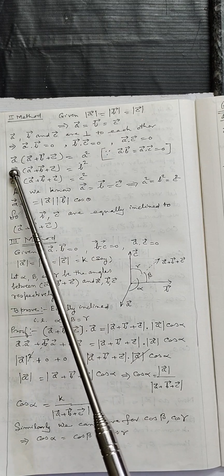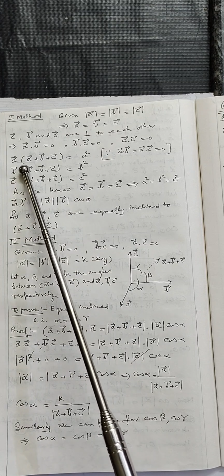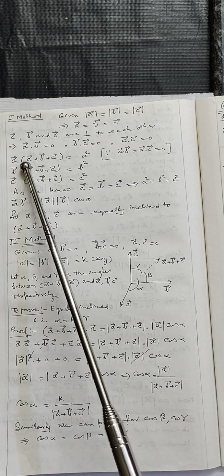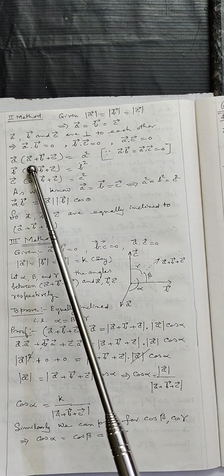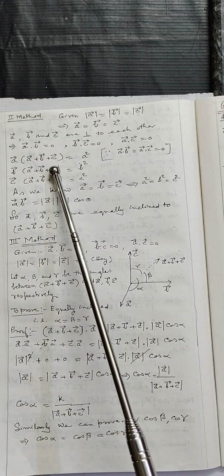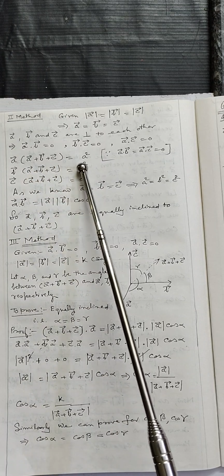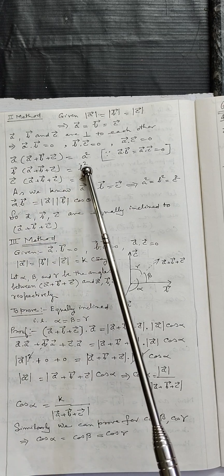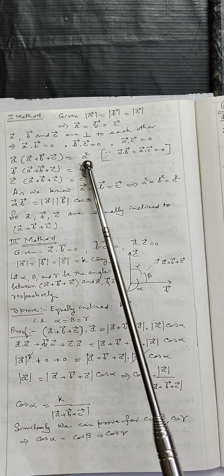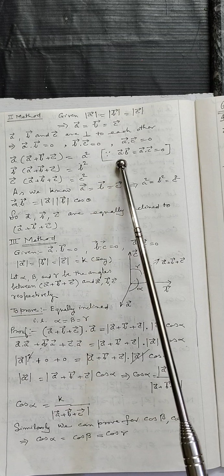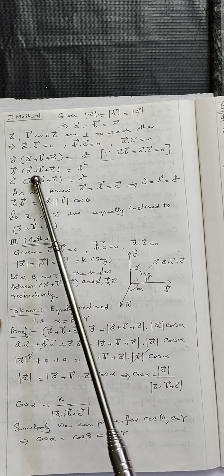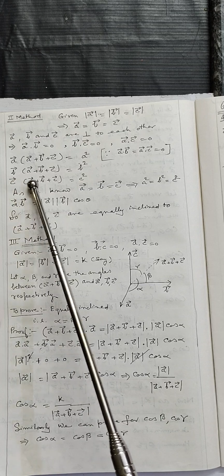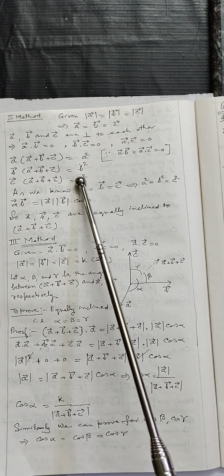Now, inside the bracket we have written the summation of the vector, that is A plus B plus C. Here if you multiply it, you will get only A square, because AB is equal to AC is equal to 0. Similarly, in this case also, you will get B square.